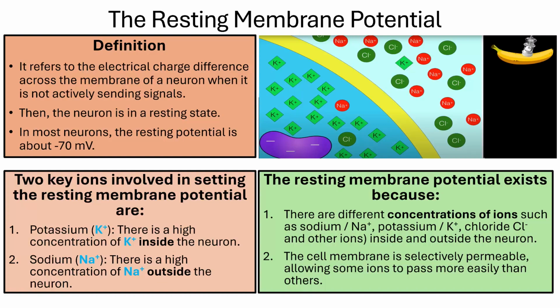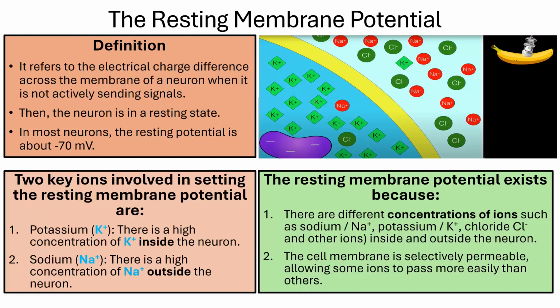It refers to the electrical charge difference across the membrane of a neuron when it is not actively sending signals. In that case, it is like the neuron is in a resting state. In most neurons, that resting potential is a bit negative, at around minus 70 millivolts.